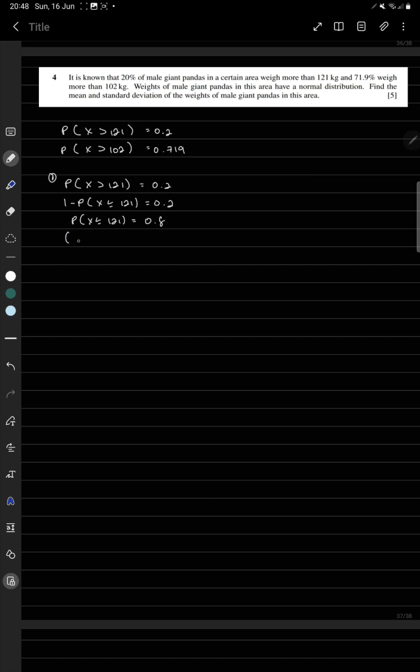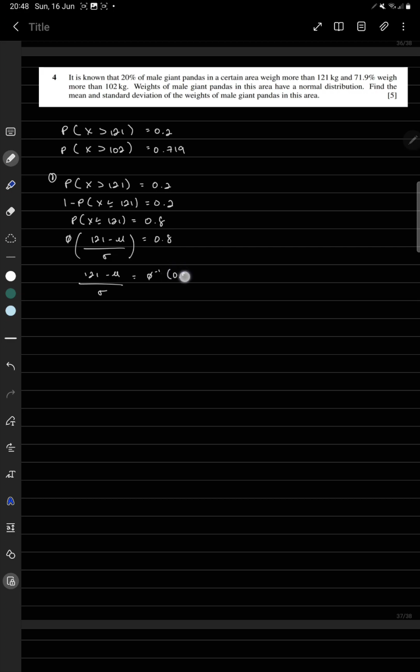Then we want to find (121 minus mean) over standard deviation equals 0.8. Now we can't find anything here because we don't have the mean or the standard deviation, but we can move this symbol to the side.